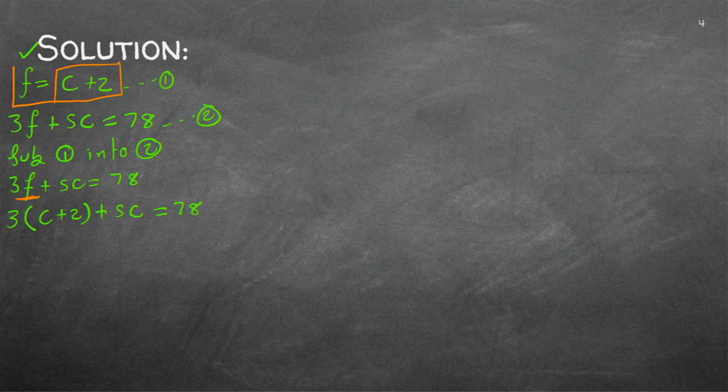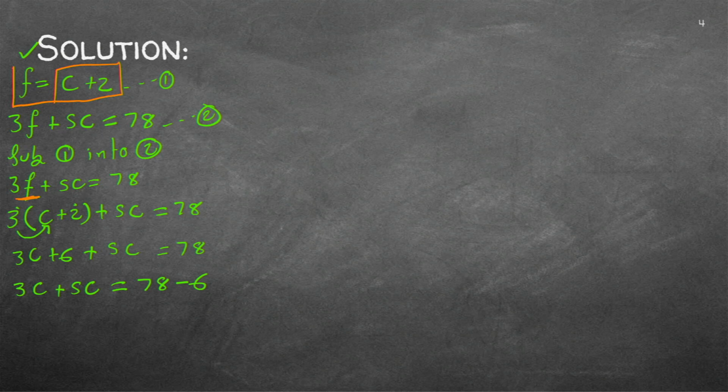And now, if you substitute in the value, so it's 3 times c, you have 3c, and 3 times 2, that gives you 6. And you continue, you have 5c equals to 78. Now, grouping like terms, guys, you will find yourself with 3c plus 5c equals to 78 minus 6.